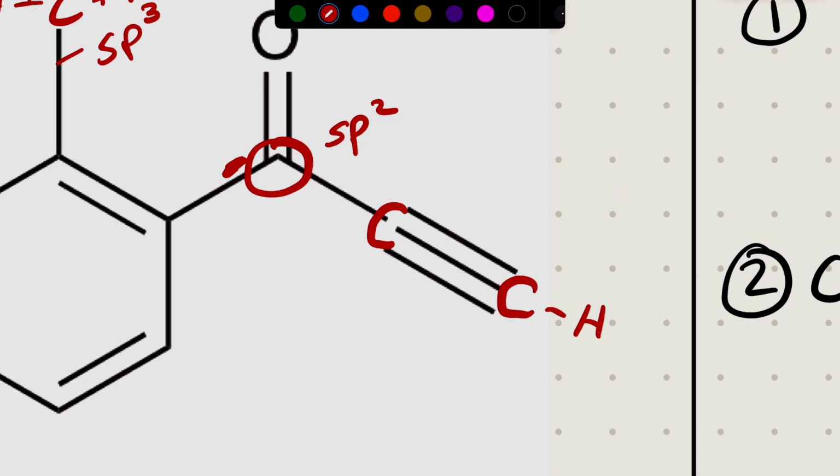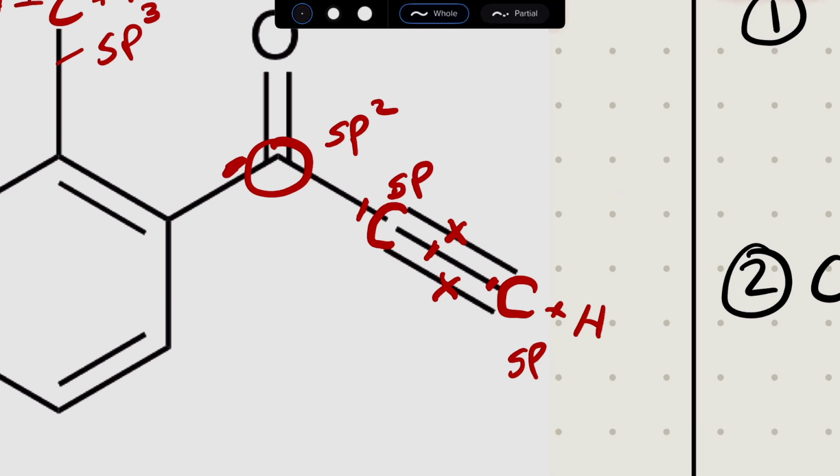Okay? So with this one right here, you have 1 sigma bond, 2 sigma bonds. We do not count these right here. And that means that this has sp hybridization. And it's the same over here with this carbon. It has 1 sigma bond, 2 sigma bonds. So the answers are: 2 equals sp, 3 equals sp2, 4 equals sp3. Cool.